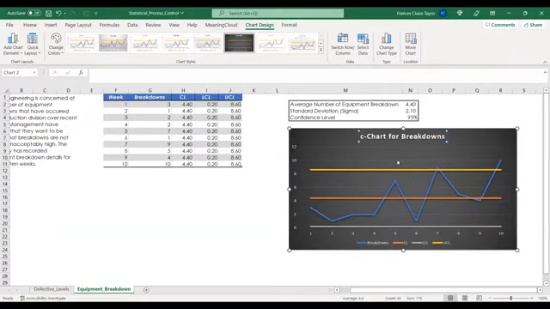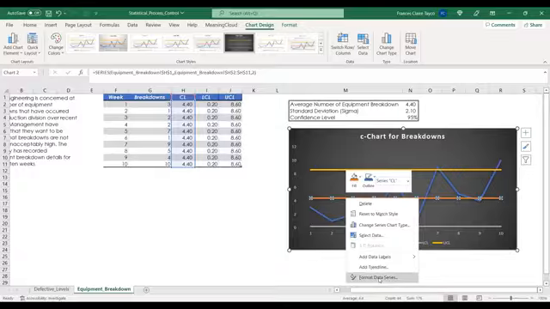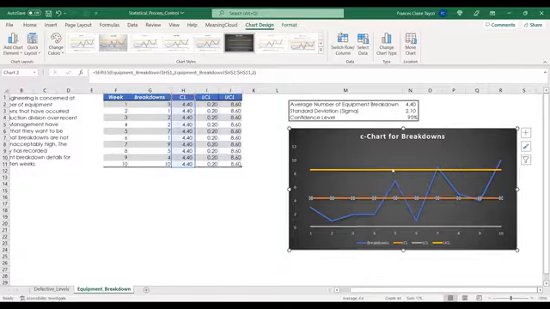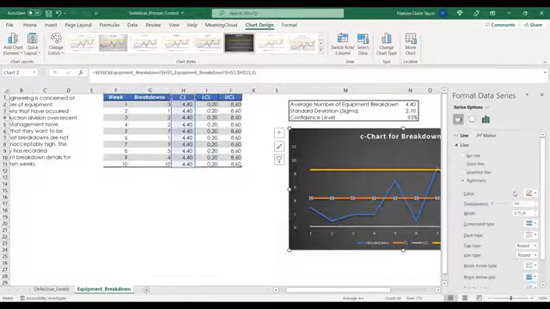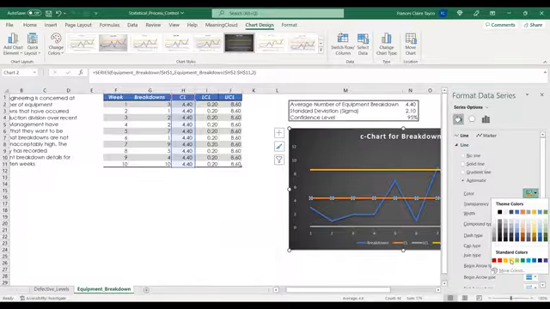Then let's remove the grid lines to make the chart cleaner. Change the color of the lines. Just follow me as I edit the chart.